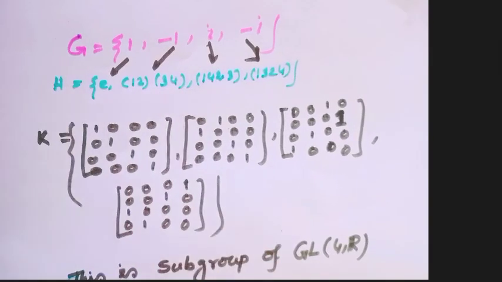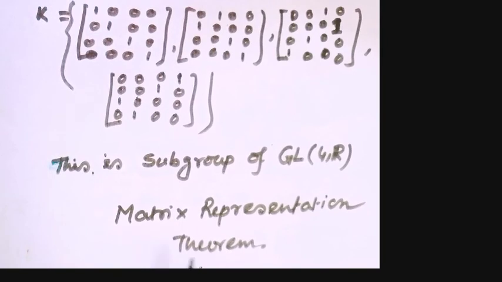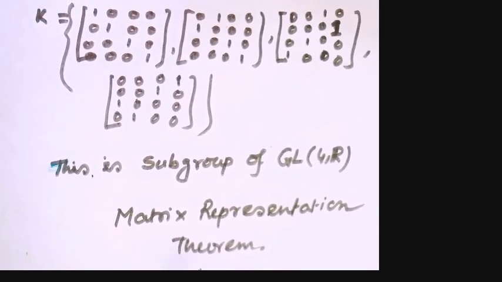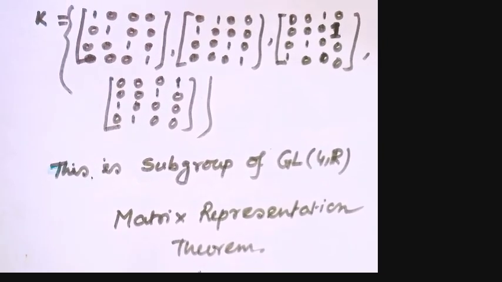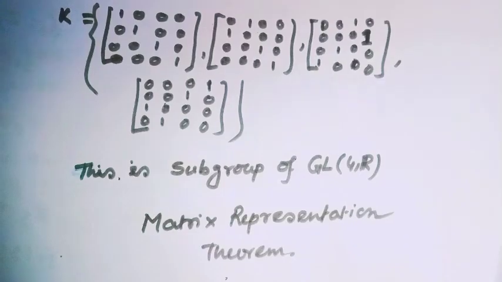Okay? And this is the matrix representation theorem in linear algebra, which states any group can be represented by matrices. Actually, abstract algebra is the stone of linear algebra.